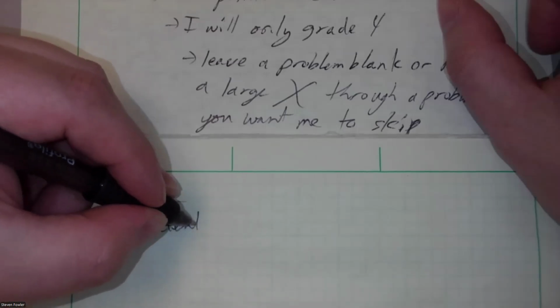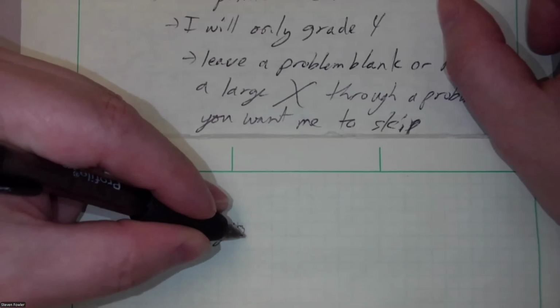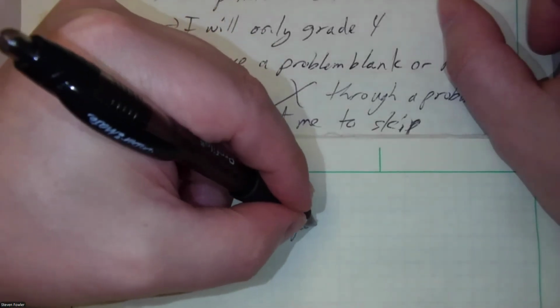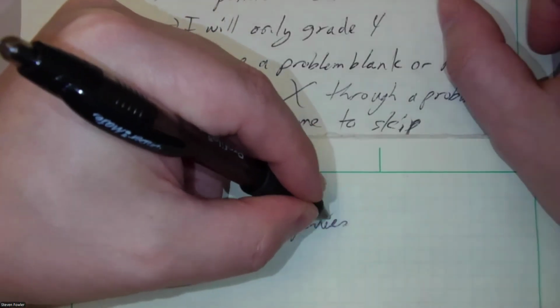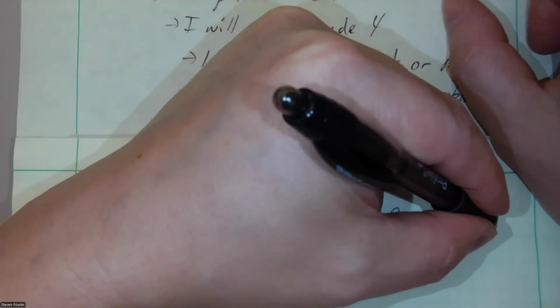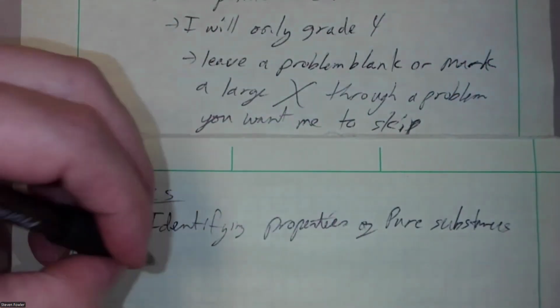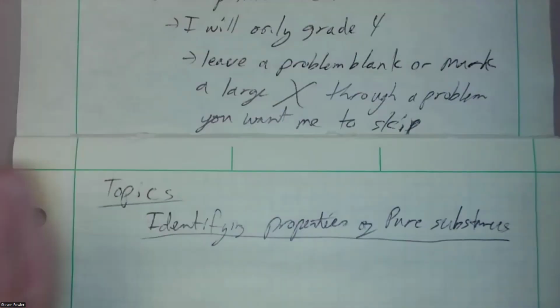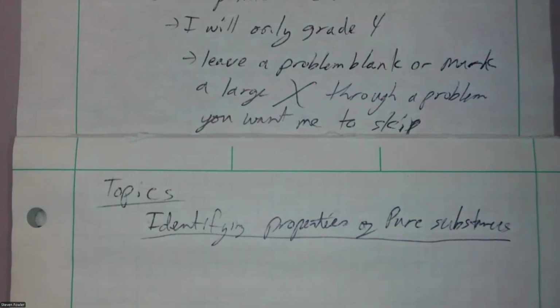Identifying properties of pure substances. Remember, when I first introduced this in chapter three about using property tables, I said there's a four-step process.